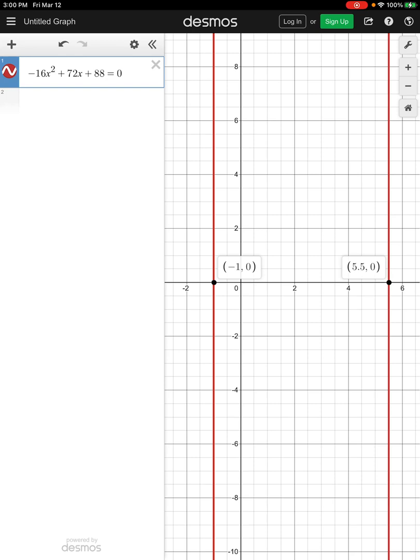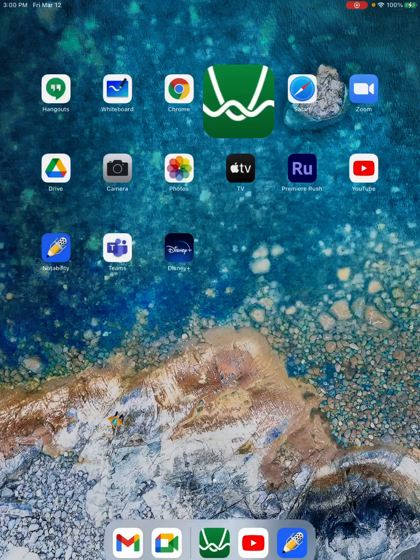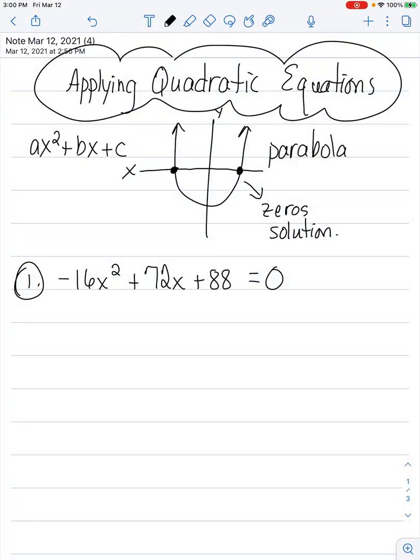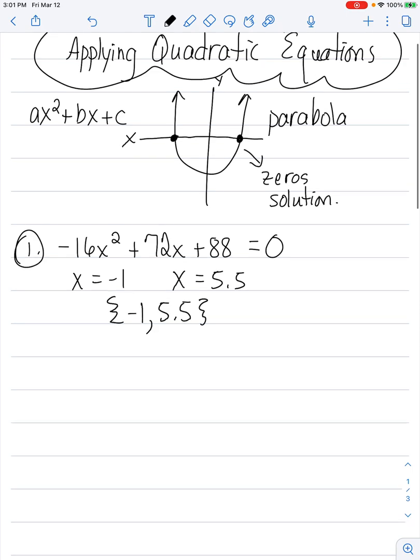We talked about that with linear functions, but with quadratics, we call them the zeros. So what are my solutions to this quadratic equation? You have x equals -1 and x equals 5.5. Remember, you could write it as a number set as well. That's how you use the calculator to solve quadratic equations.